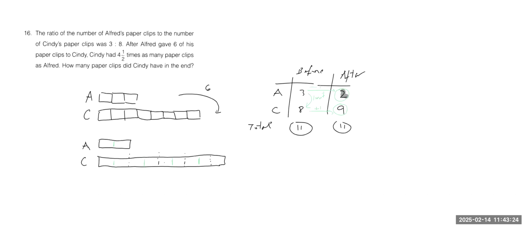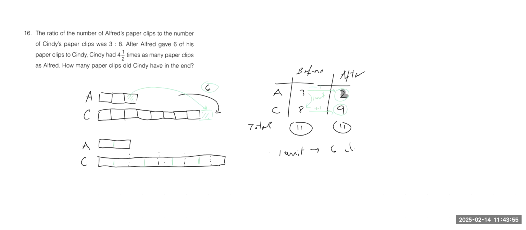But what that tells you is that the whole unit, right? This whole unit is worth 6 paper clips because the whole unit must have transferred, right? It must have transferred in order for now to have 2 to 9 units. So this is now really straightforward once we can conclude through our reasoning that 1 unit represents actually the 6 paper clips that transferred.